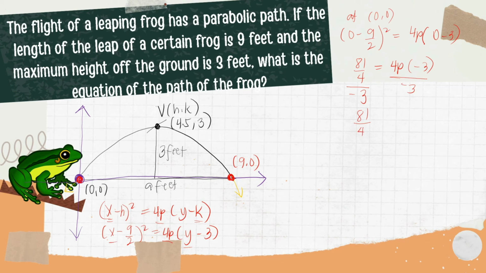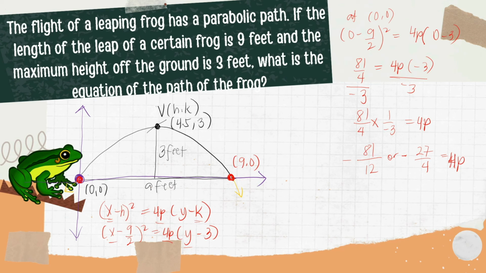To divide 81/4 by negative 3, we can just multiply it by the reciprocal of negative 3, which is 1/-3. So that is 81/12 or negative 81/12 or simply negative 27/4. So, yun yung value ng 4p natin.